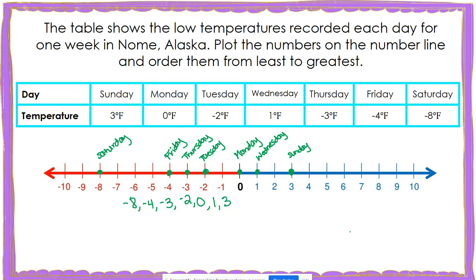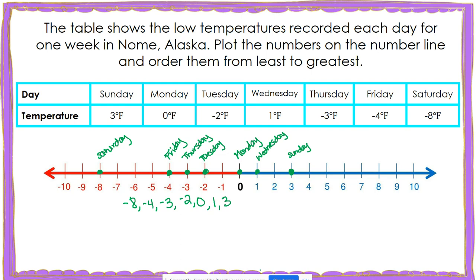So these temperatures in order from least to greatest are -8, -4, -3, -2, 0, 1, and 3. This means that -8 is my lowest or least value, and +3 is my greatest value.